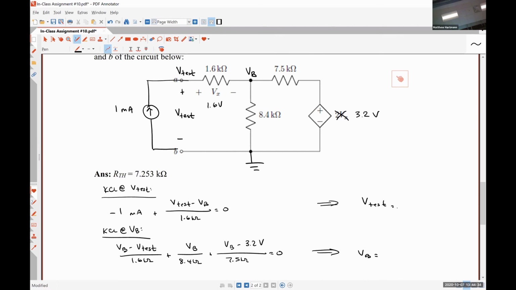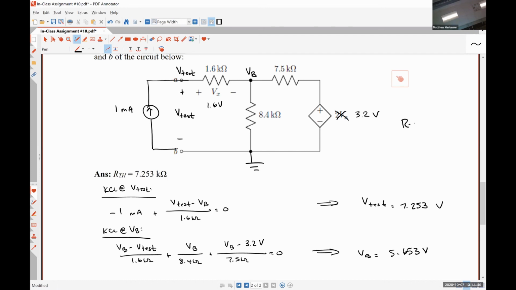And I get 7.253 volts and 5.653 volts respectively.